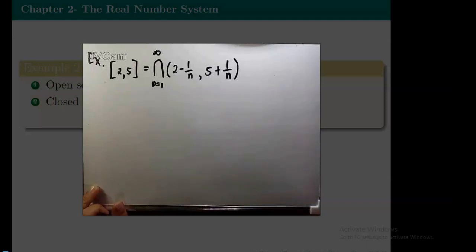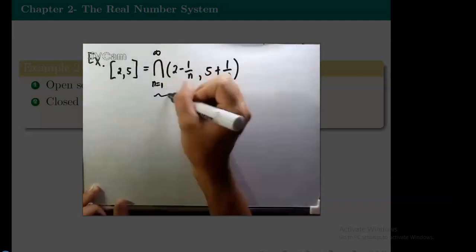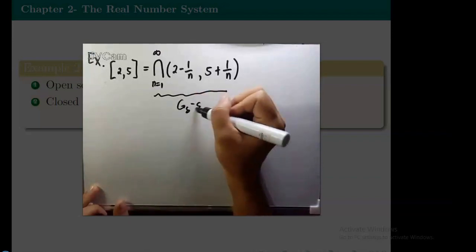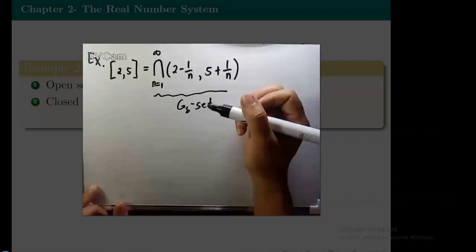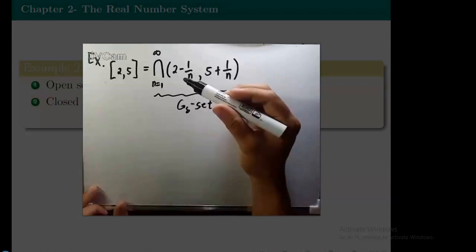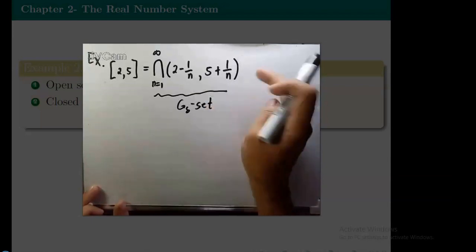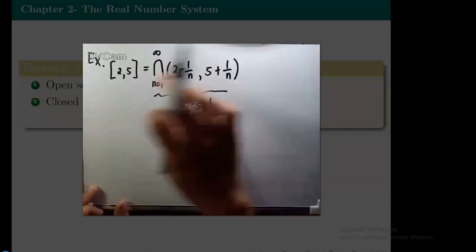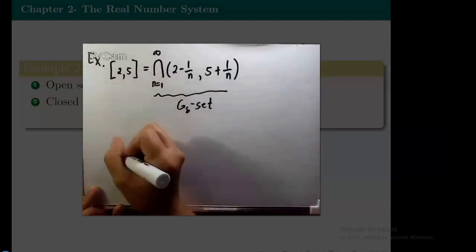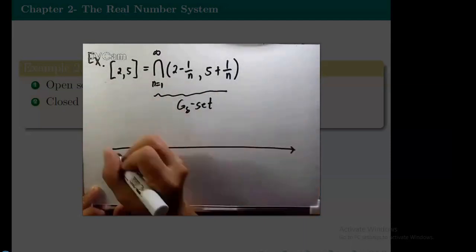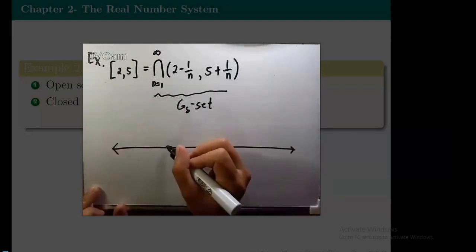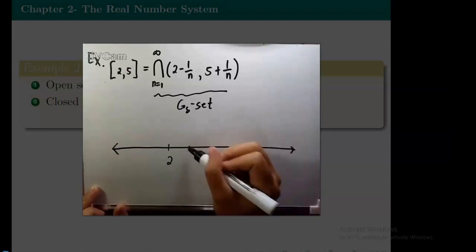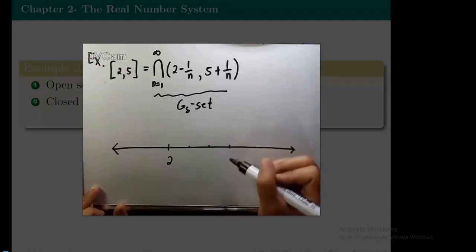This form is a G delta set, being the countable intersection of open sets. Now let's illustrate why this is equal to the closed interval. Consider the real number line, with 2, 3, 4, and 5 here.